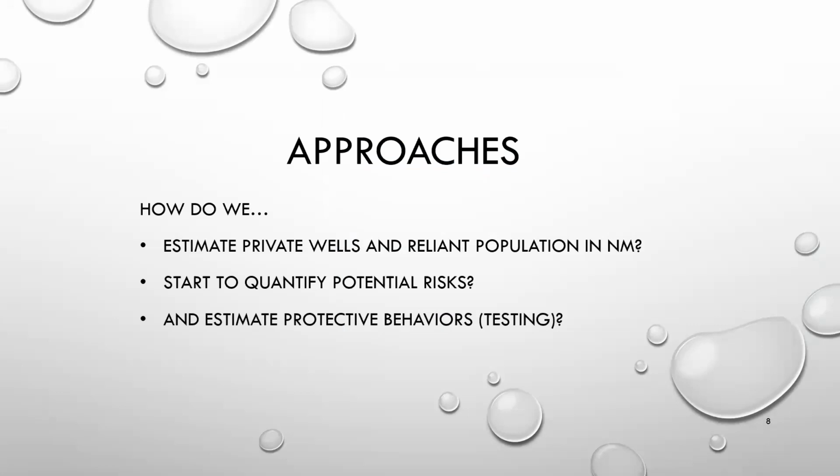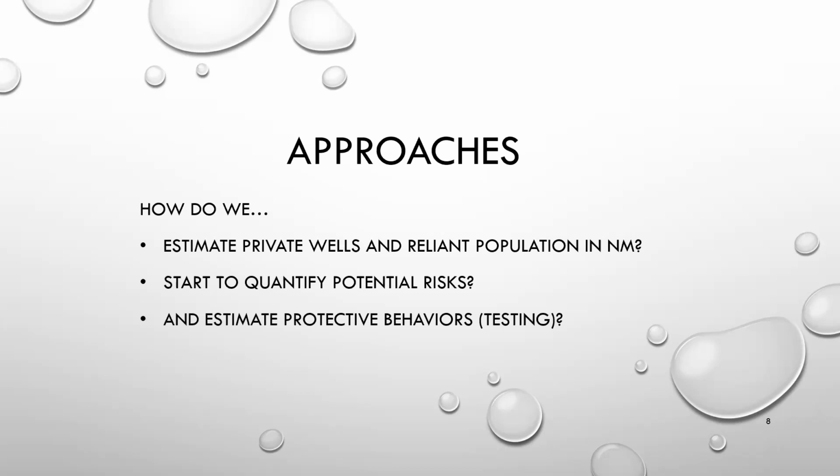So what is our approach to better serve this population? How do we, as a Department of Health, estimate the number of wells and the number of people relying on them? And how do we start thinking about the potential risks, exposures, and what do we know about health protective behaviors?